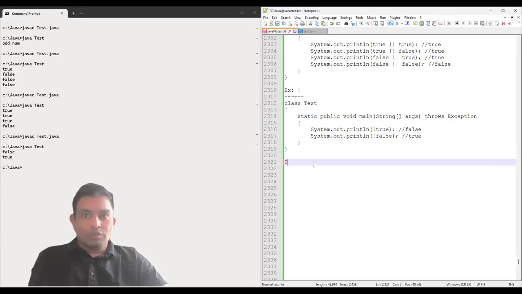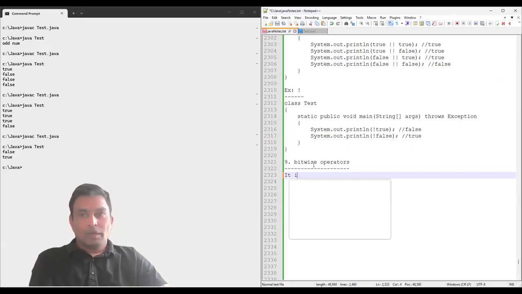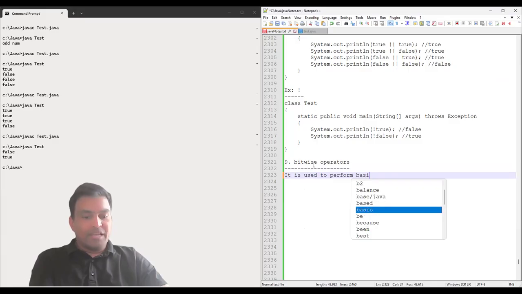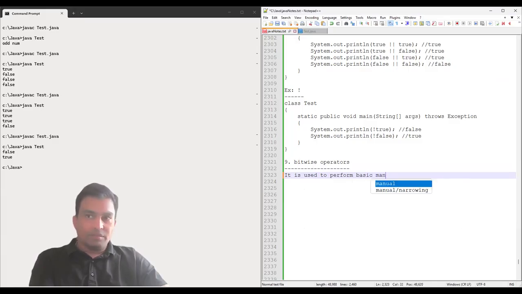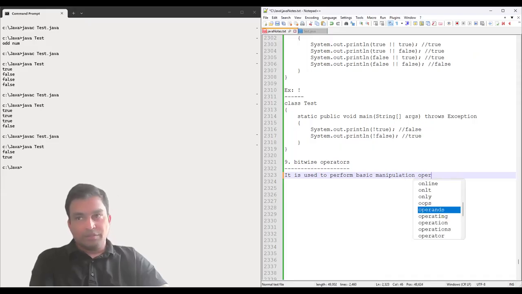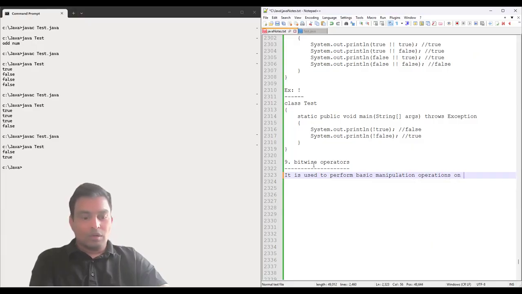Now let's move on to the next operators, that is bitwise operators. It is used to perform basic manipulation operations on numbers.